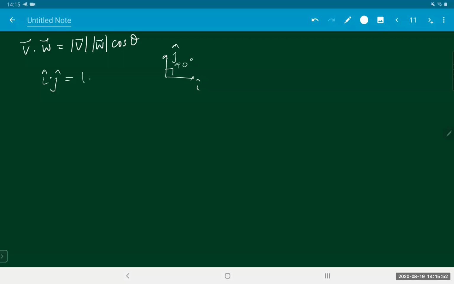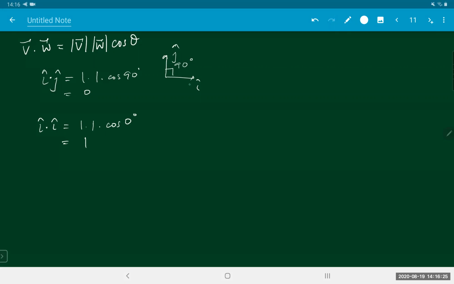So this is 1 times cosine of 90 degrees, which is 0. How about i dot itself? Again, magnitude is 1, and the angle between any vector and itself is 0. So this is 1.